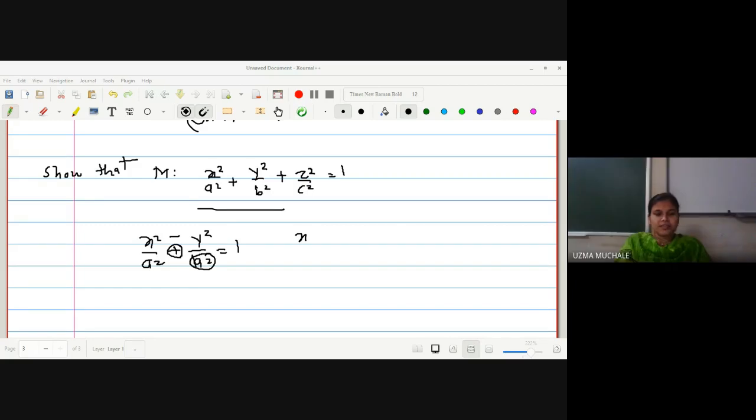Okay, what if we are considering all the three? Yes, what will happen if you consider x square by a square plus y square upon b square plus z square upon c square equal to 1? I hope you have done this in 12th standard. We have things like eccentricity also.